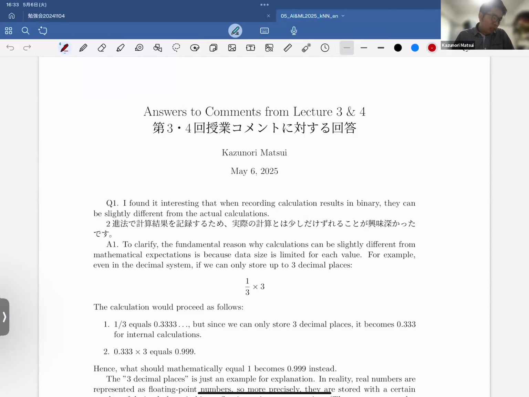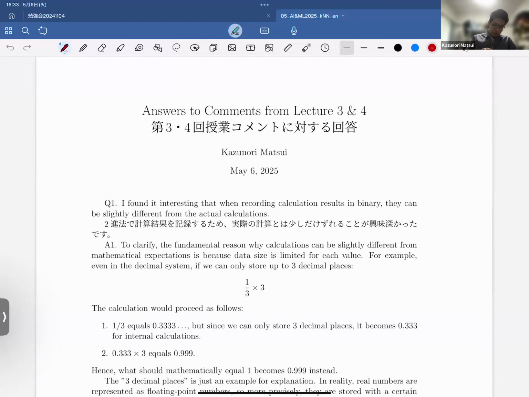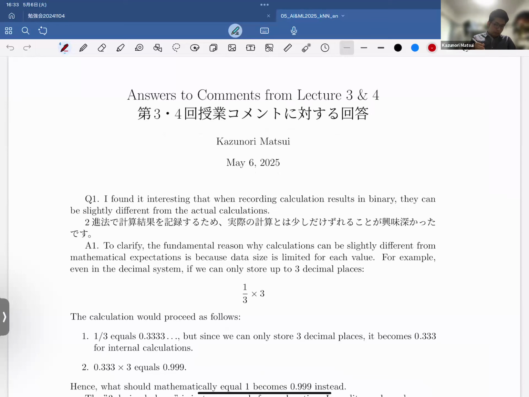I found it interesting that when recording calculation results in binary, they can be slightly different from the actual calculations.